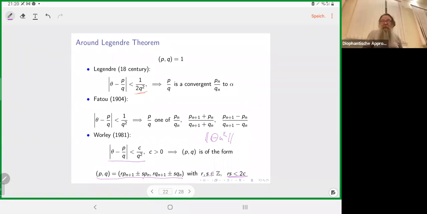So if you deal with inhomogeneous approximation, you do not have such a precise result, but you can use a similar argument.